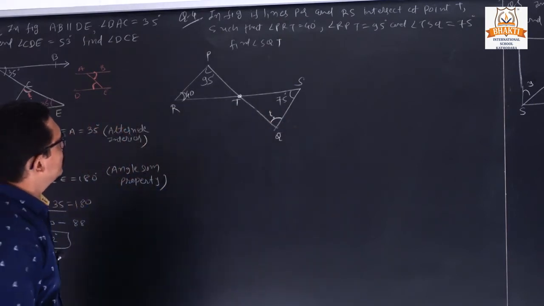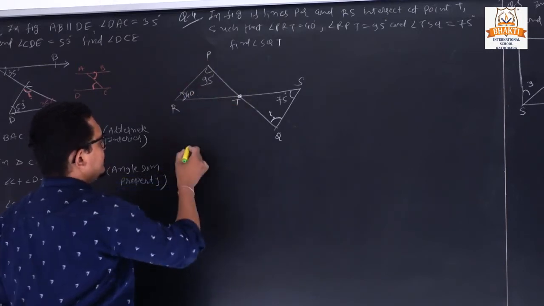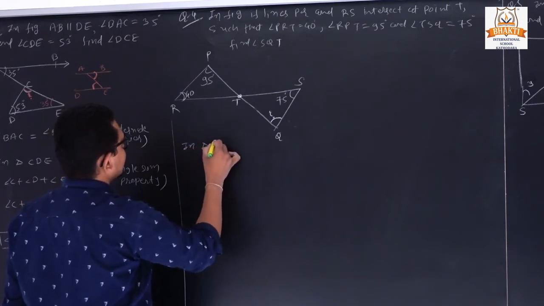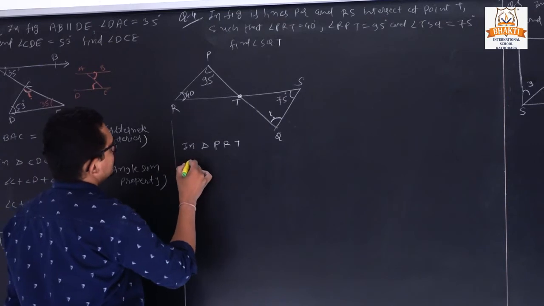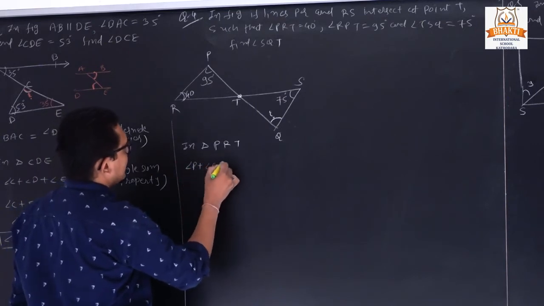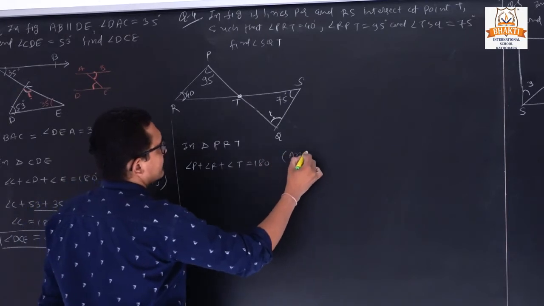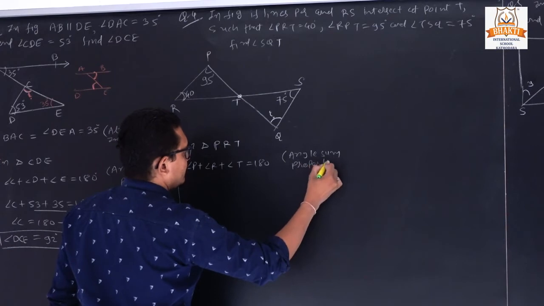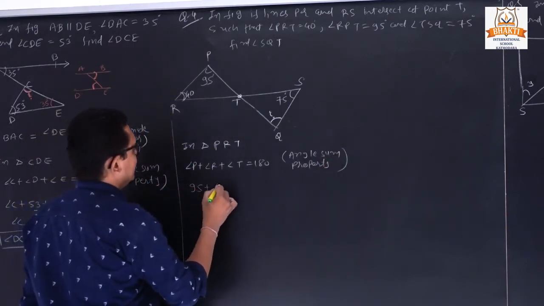So first of all, here this is our triangle PRT. So we are starting like this. In triangle PRT, angle P plus angle R plus angle T is equal to 180, angle sum property. Angle P is given 95, angle R 40.